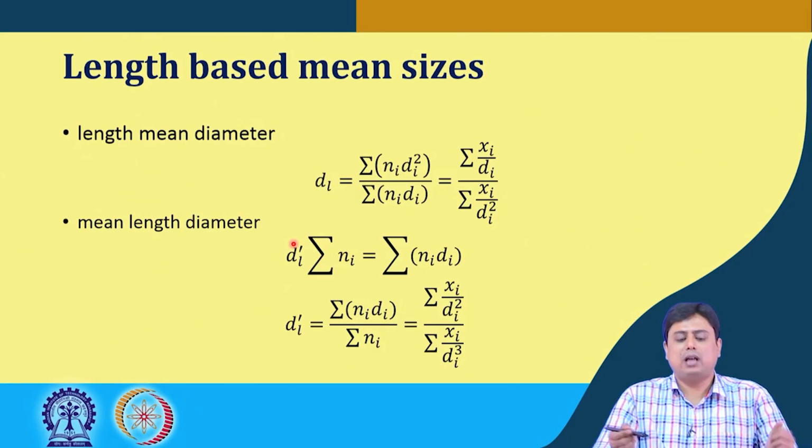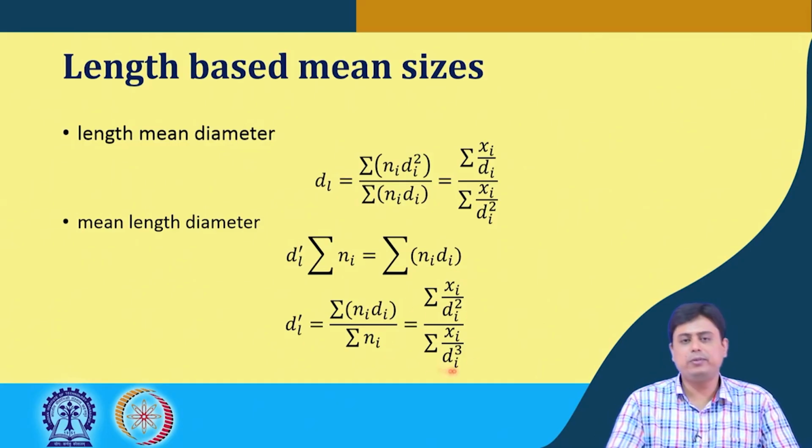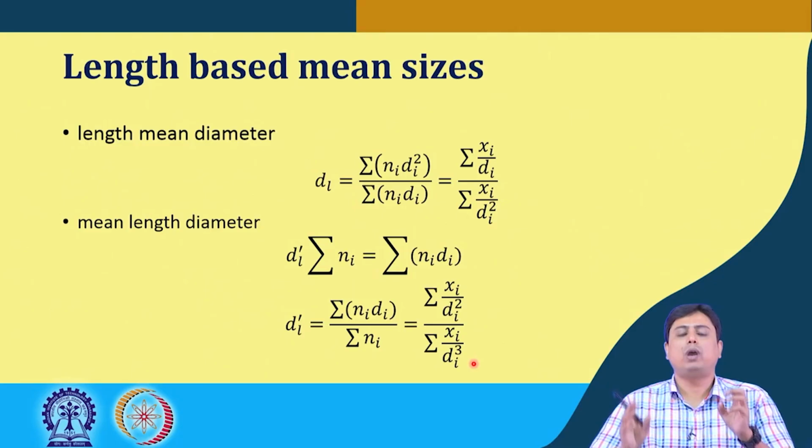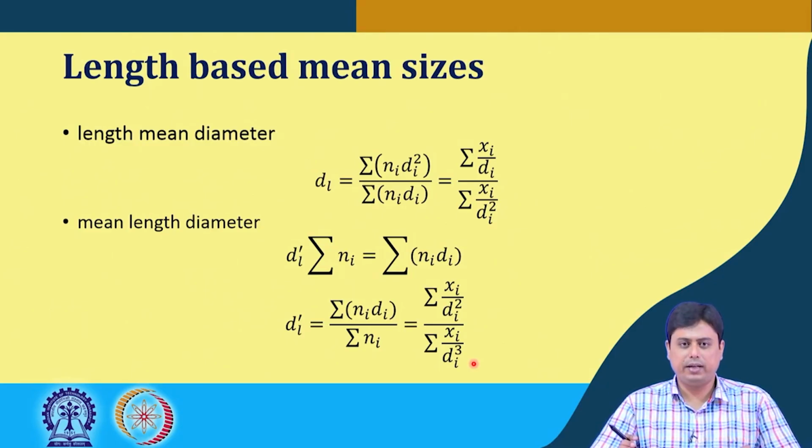How these expressions will be used, we will be seeing when we look at a worked out example. For a size distribution you will be given the xi and the di values, or let us say the ni and the di values. So let us say you have 100 particles of 1 micron, 50 particles of 200 micron, 70 particles of 30 micron.